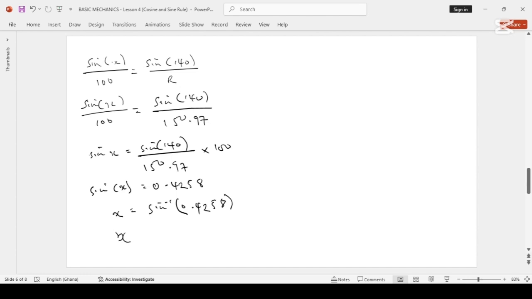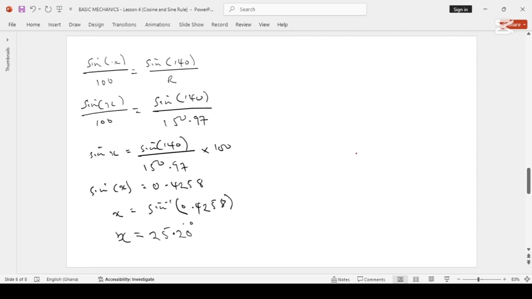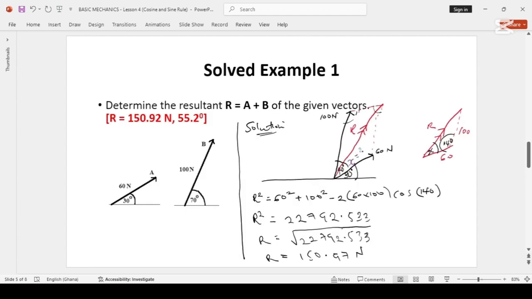Now our x will be equal to, when we look at the diagram here again, the value of our x, which is here, is equal to 25.20 degrees. Now if we want to find the actual direction of the resultant force, then it is going to be this angle here, which is 25.20, plus the angle below, which is 30.